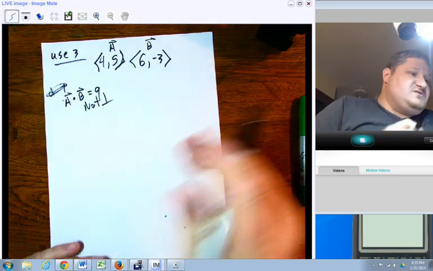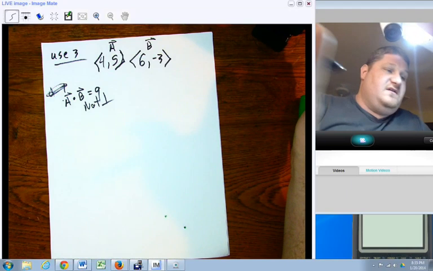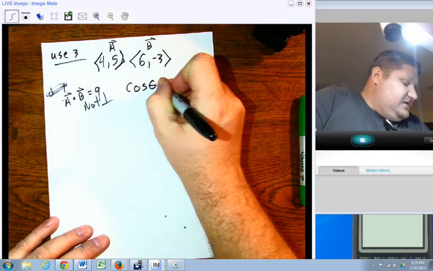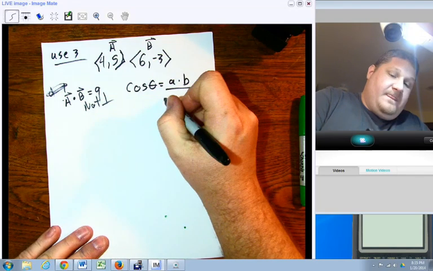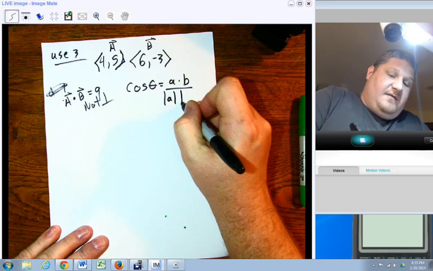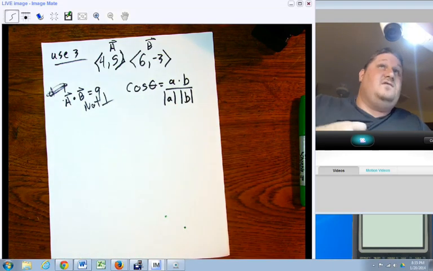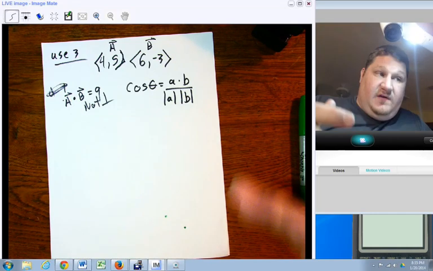So, the question becomes, what angle is between the two vectors? To find the angle between the two vectors, we need to use the following formula. Cosine theta equals A dot B over absolute value A, absolute value B. Now the absolute value is magnitude, just like the absolute value of -2 has a magnitude of 2.